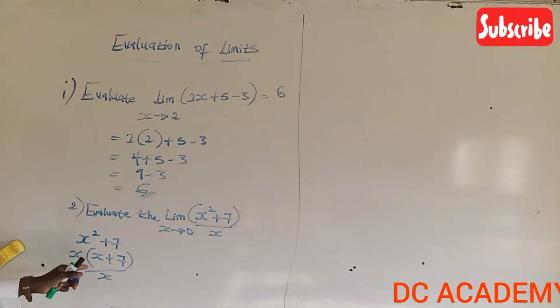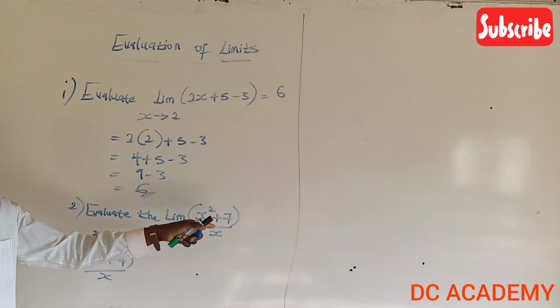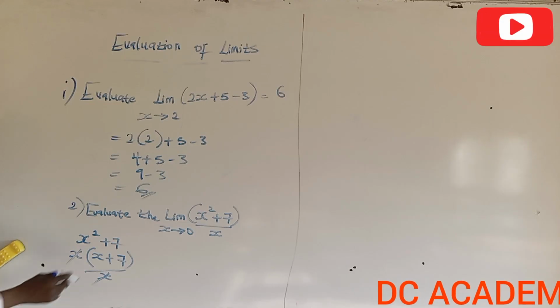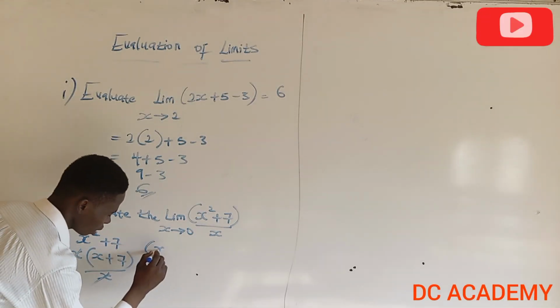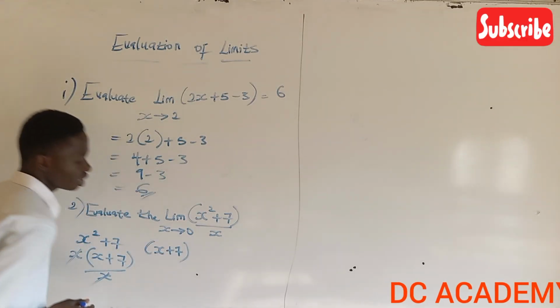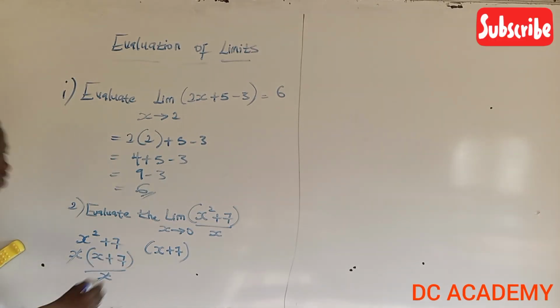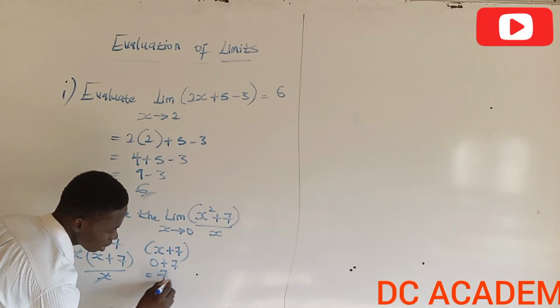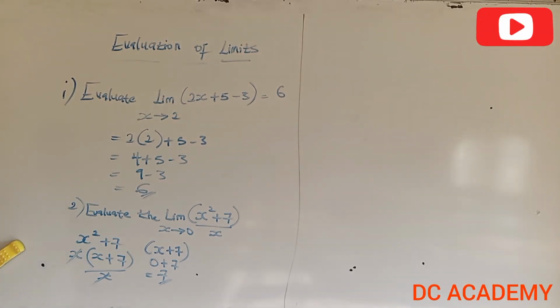Remember, this and this are the same thing, so this x will cancel this x. And basically we have x plus 7. Now when you substitute 0 inside this x, we have 0 plus 7, that is equal to 7. And that's how to get this.